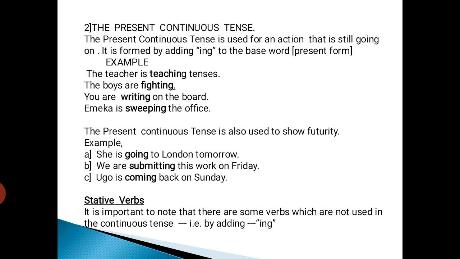Also, we have stative verbs in the present continuous tense. It is important to note that there are some verbs which are not used in the continuous tense, that is, by adding ing.